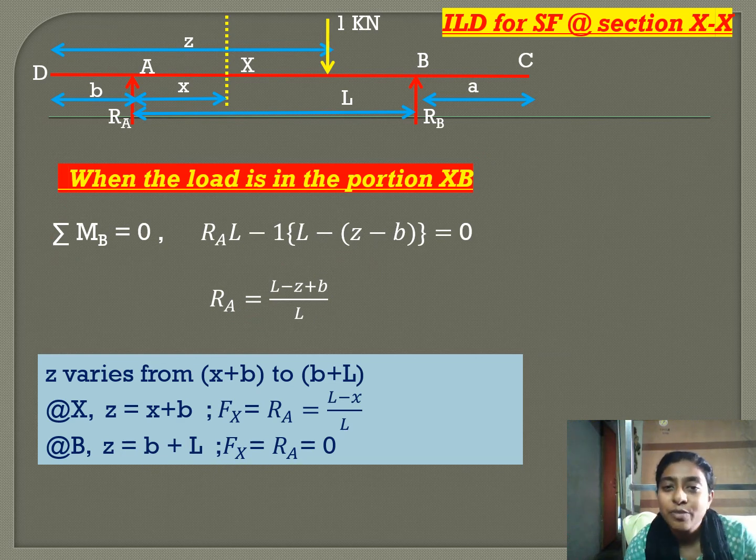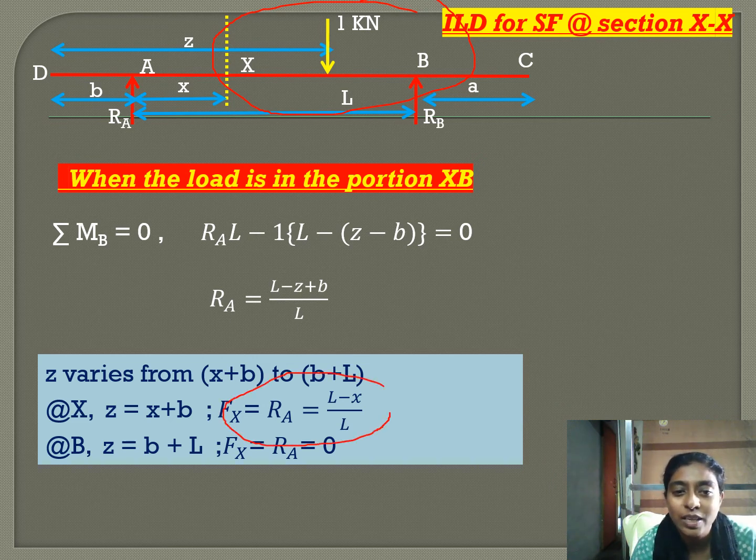When the unit load is in the region X to B, the unit load is on the right of the section, so we will find RA. The shear force at X will be equal to plus RA.